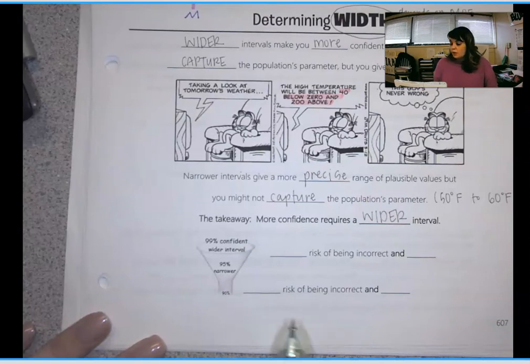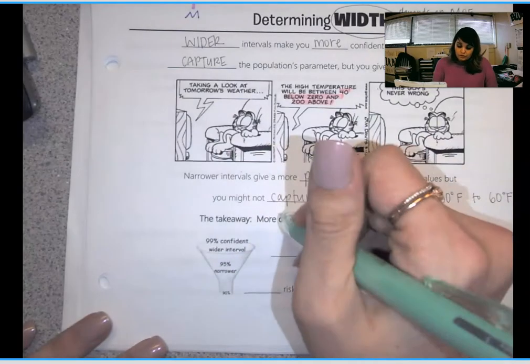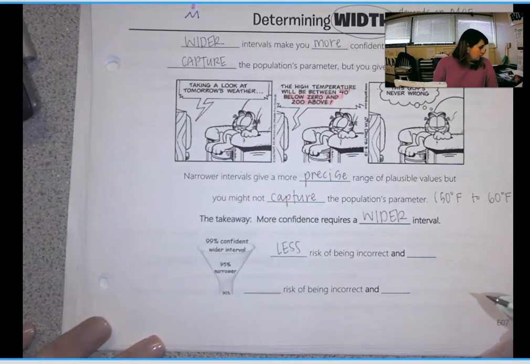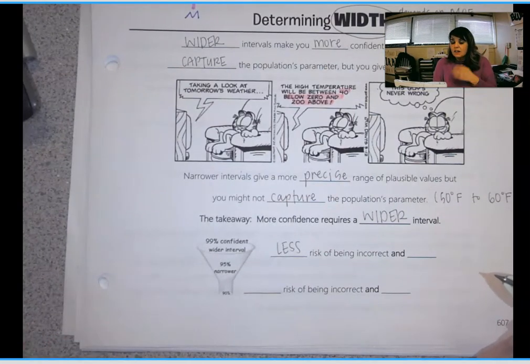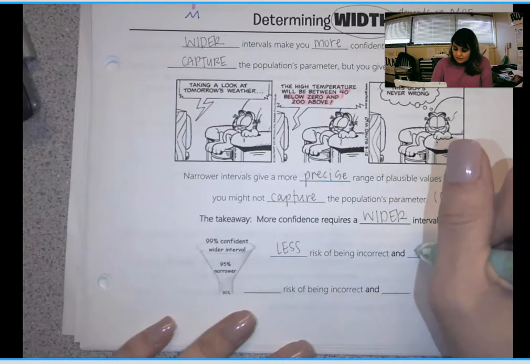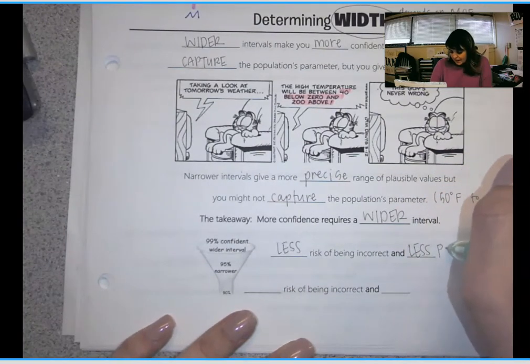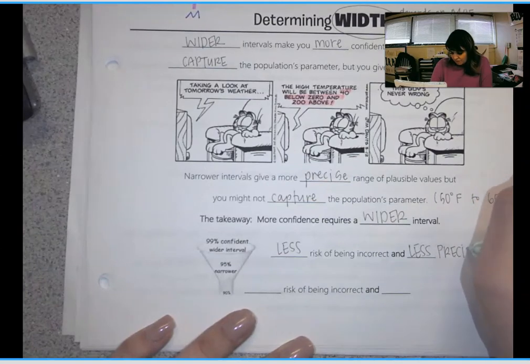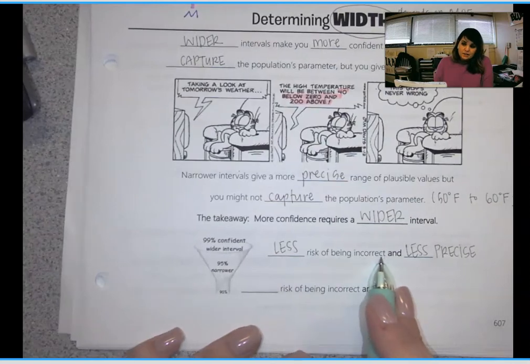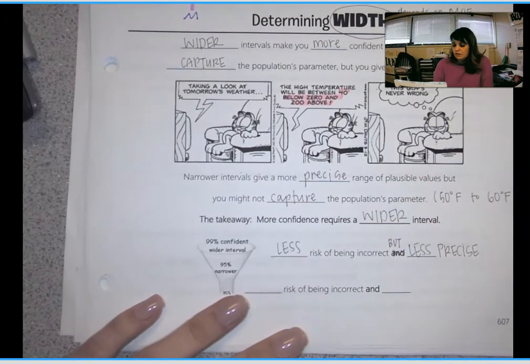So this is showing you that if you have a high confidence level, there is less risk of being incorrect, but it's less precise.